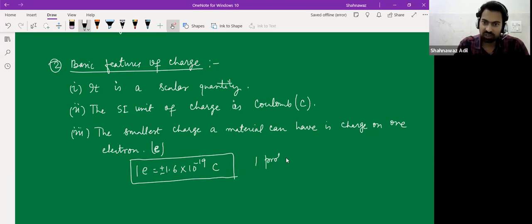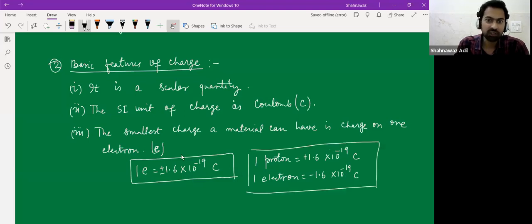One proton has how much charge? Plus 1.6 into 10 to the power minus 19 Coulomb. And one electron has minus 1.6 into 10 to the power minus 19 Coulomb. So this is about the smallest charge that a material can have.